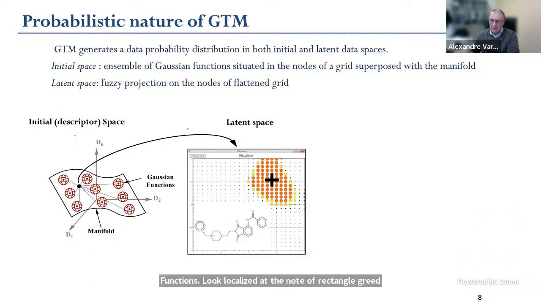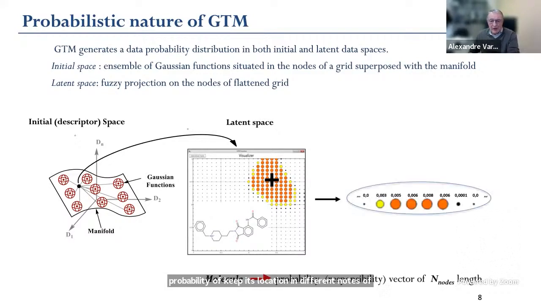In the latent space, the projection of a given molecule is described by the probability of its location in different nodes of a rectangular grid. And then we can transform this ensemble of probabilities, which are called responsibilities, to a vector whose length is equal simply to the number of nodes of the grid. So this is some kind of descriptors, for a given molecule, which are based on this GTM mapping.